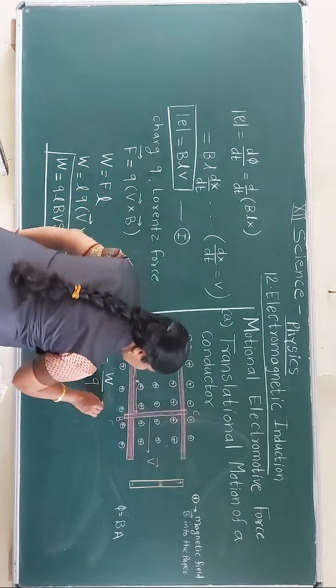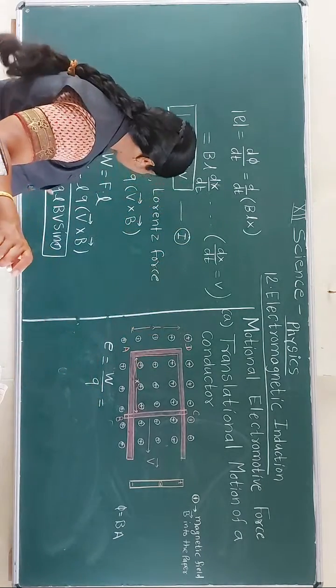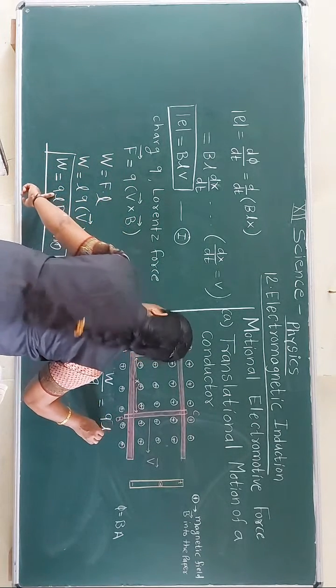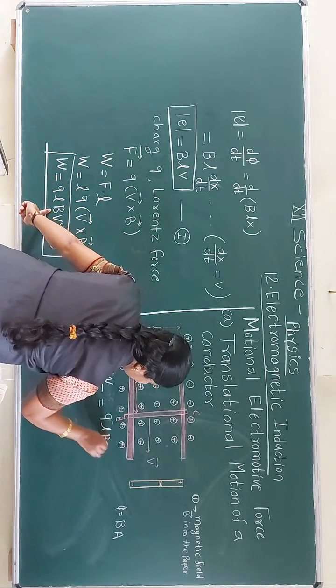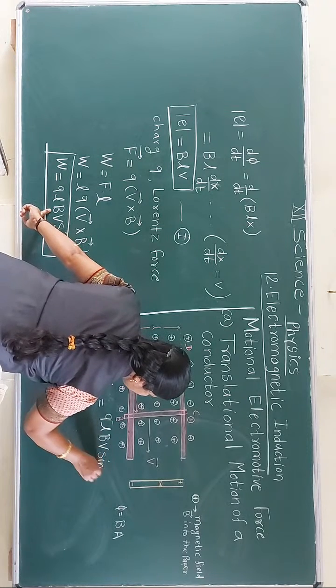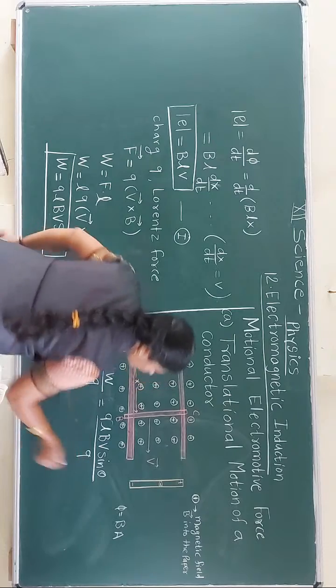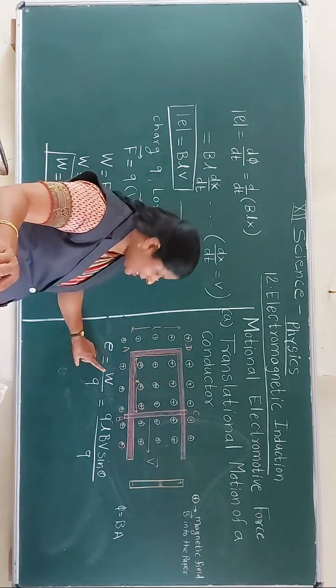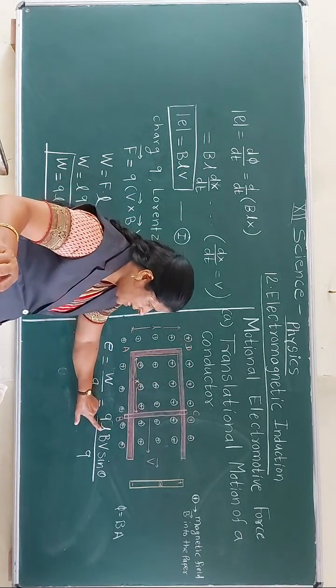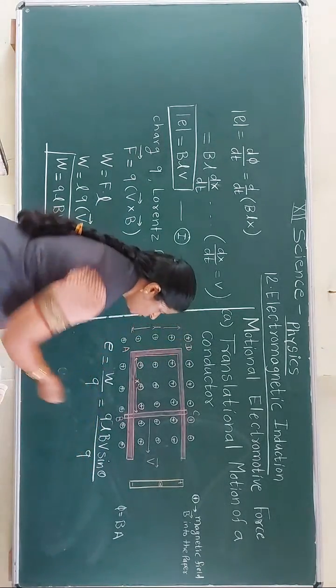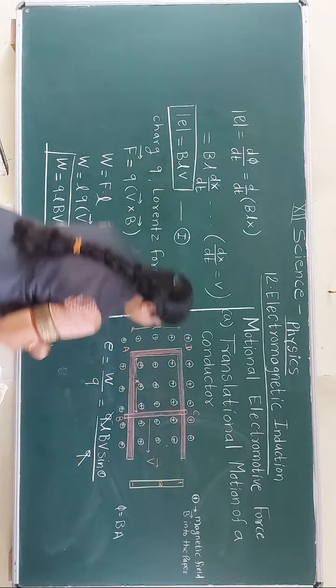So substitute the value of work here: Q L B V sin theta divided by Q. Q and Q get cancelled.